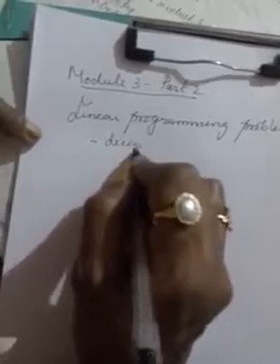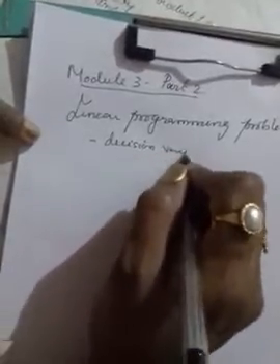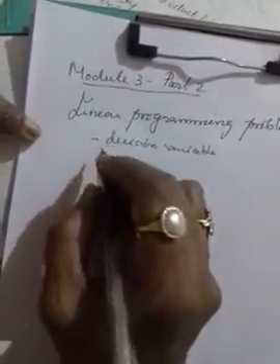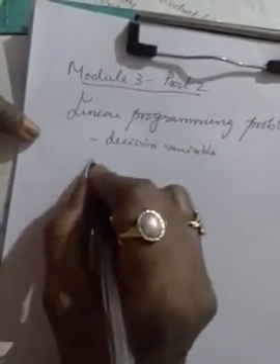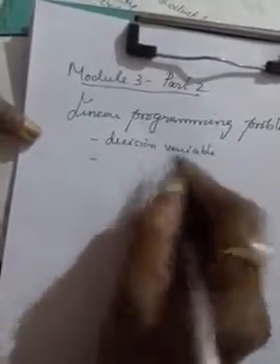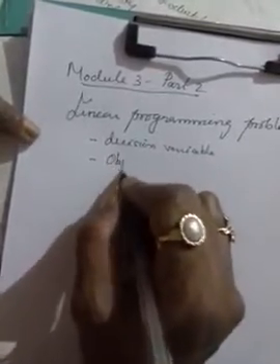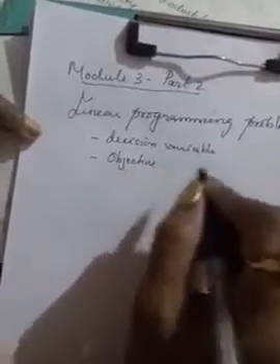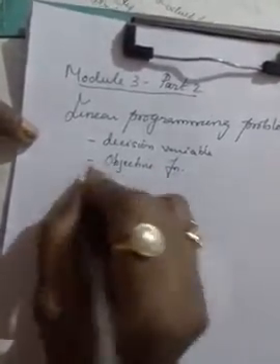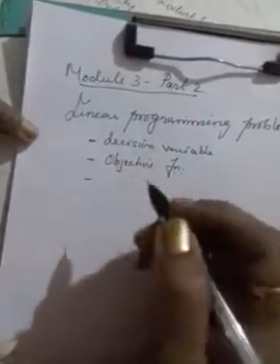decision variables. Okay, 1 or 2 or 3 variables will be there, so you have to write in terms of x1, x2, x3 like that. So the decision variable, and you have to use objective functions. The problem may be in terms of maximum or in terms of minimum.